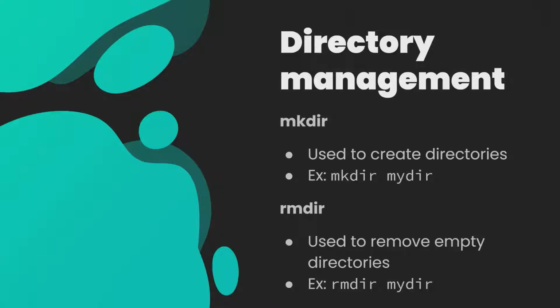And if you wanted to remove empty directories, you can type in rmdir and then the name of the directory that you want to remove. The thing with rmdir is that, like I mentioned before, it only removes empty directories. It will not by default let you remove directories that have things in them. And there's another command that I'll show you that will actually do that better.